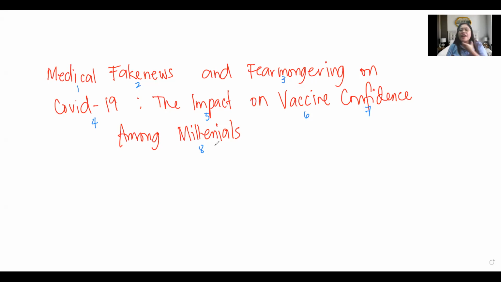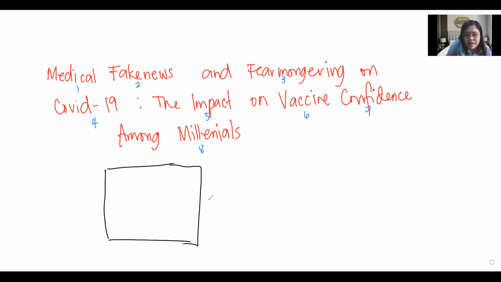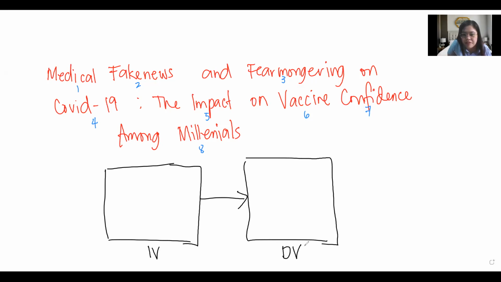Now let's look at whether the independent or dependent variables are here. When you write the independent and dependent variables, it's always like this in the conceptual framework. The IV is pointing to the DV because this one is the outcome.